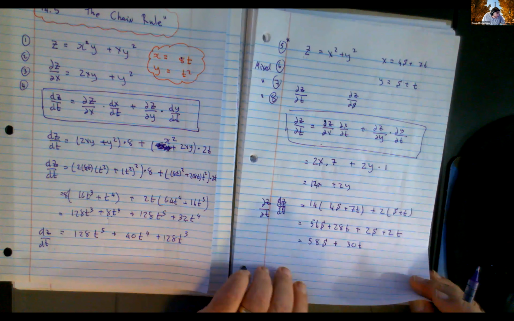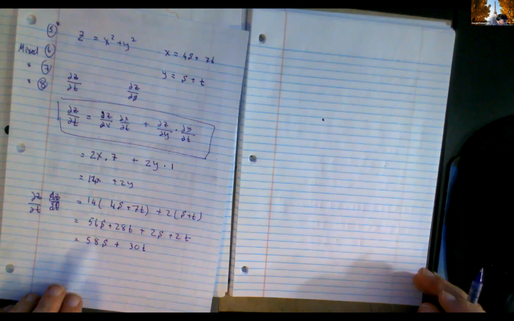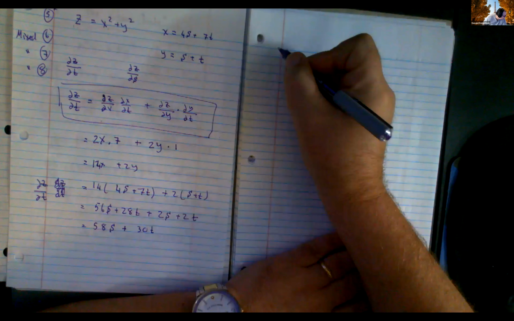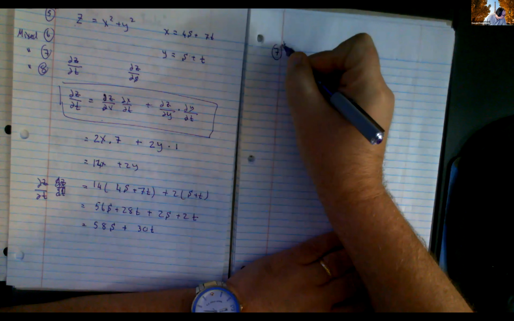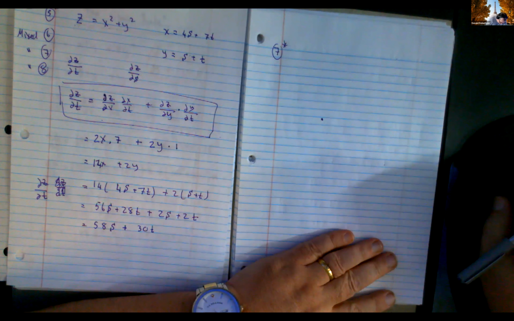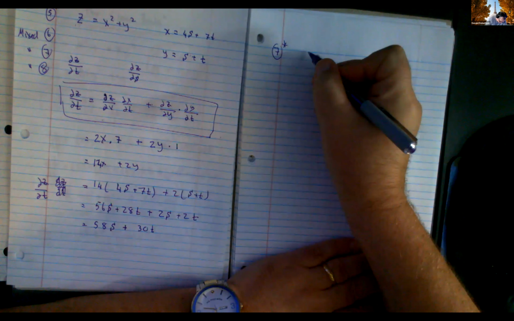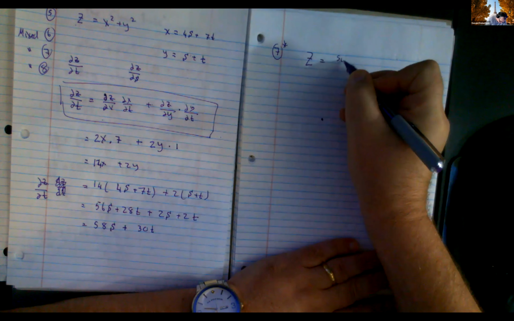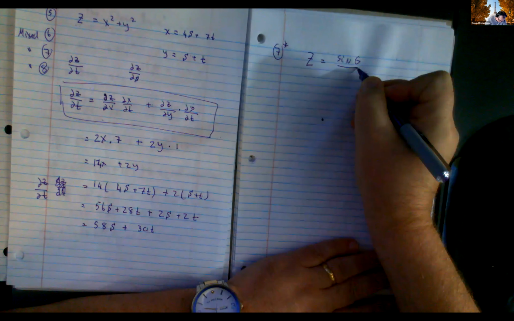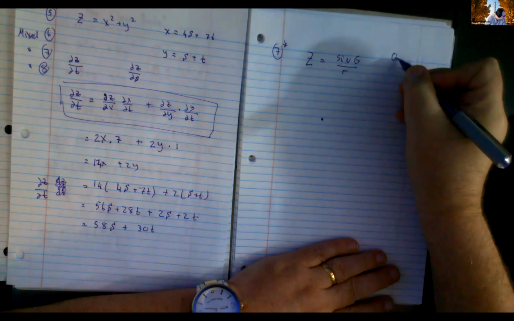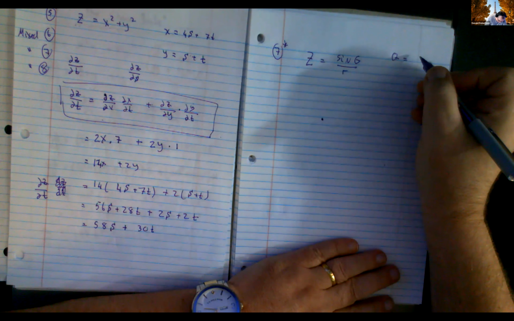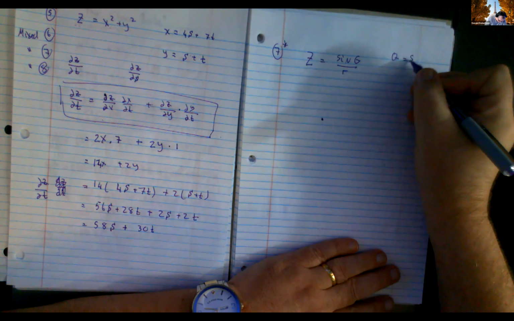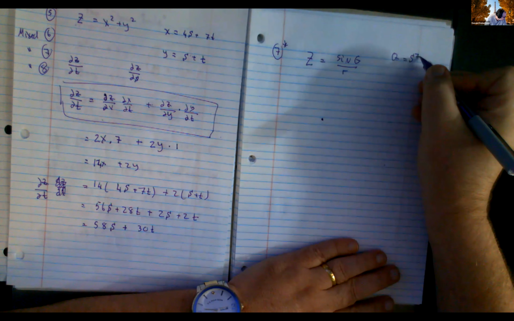I'll pick one more of this type. No particular reason, I'll pick 7. In question 7, z is the sine of theta over r. Theta happens to be s to the 7 plus t to the 7.